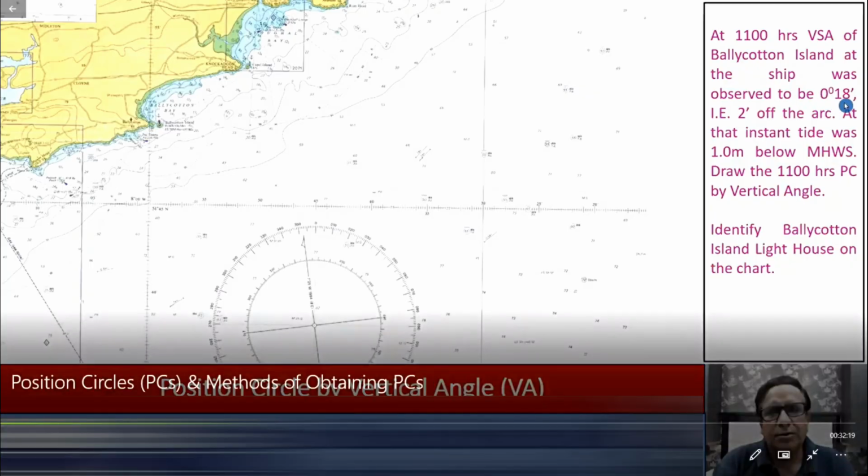The vertical sextant angle is 0 degree 18 minutes. Index error is 2 minutes off the arc. And the tide is 1 meter below MHWS.